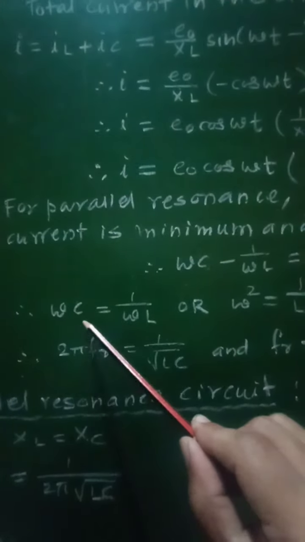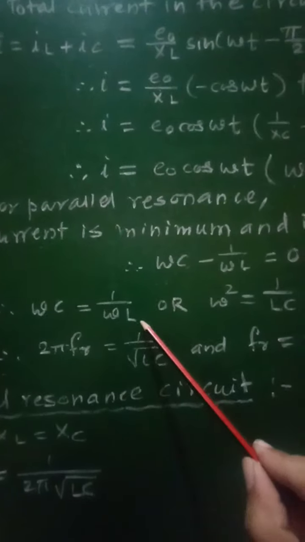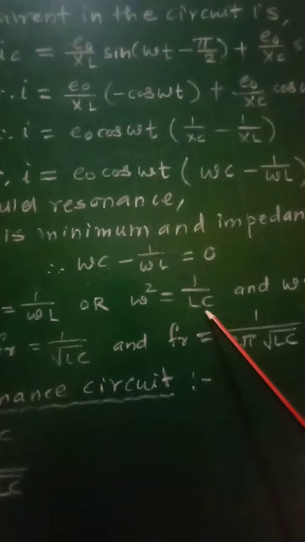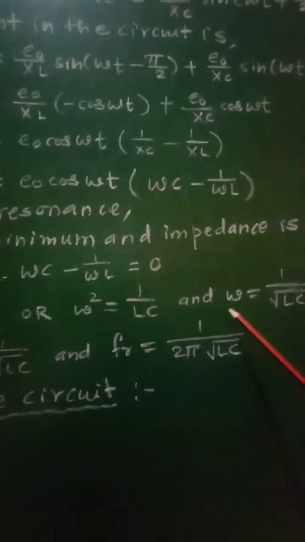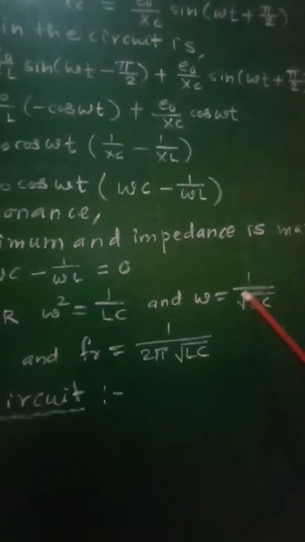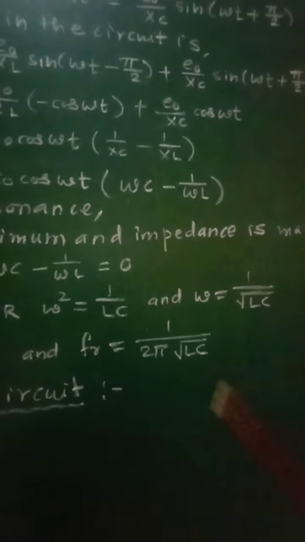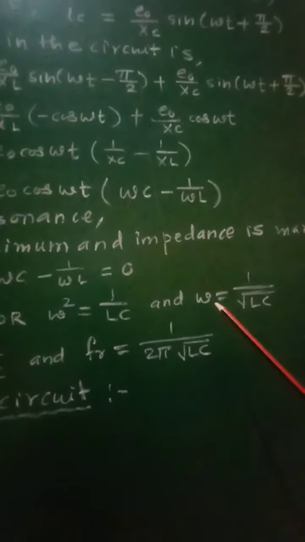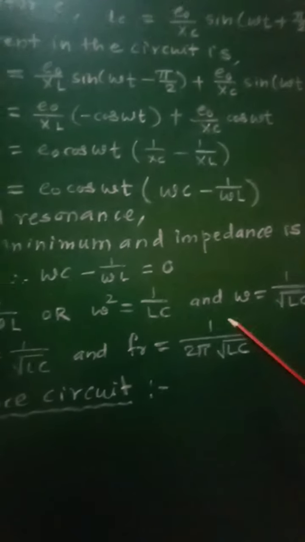Taking this omega towards left and C towards right, we will get omega square equal to 1 upon LC, and therefore omega will be equal to 1 upon root LC by taking the square root. Now this omega will be written in the form of 2 pi f.